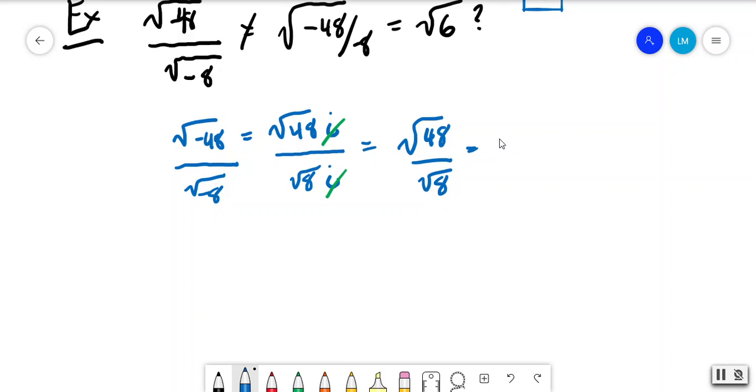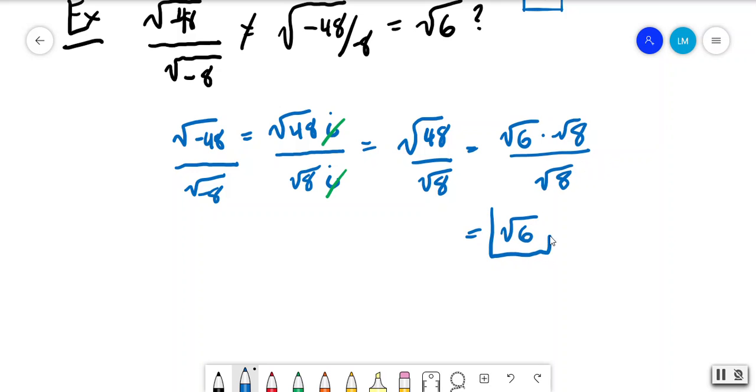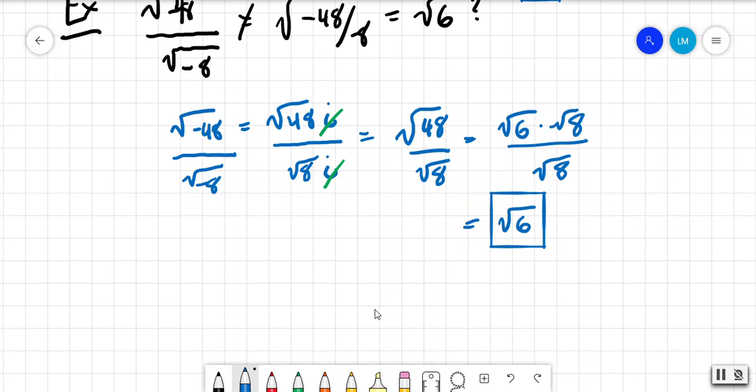However, we know that's the square root of 6 multiplied by the square root of 8, all divided by the square root of 8. So it gave us the answer that we thought it was going to give us, but consider that this only worked out because the imaginary units canceled out. So we weren't allowed to use this method specifically, because it only works for real numbers. So it's not going to always work out this way, and you can see that with different examples.